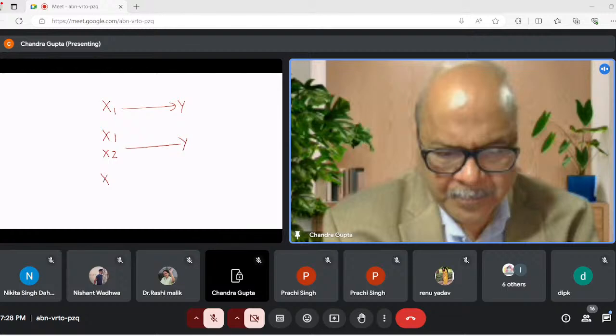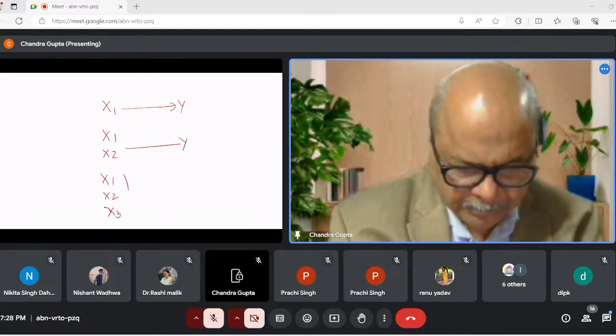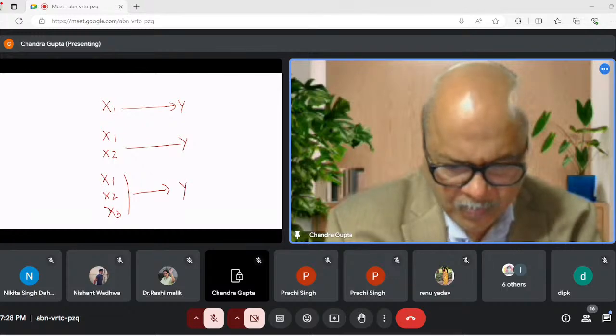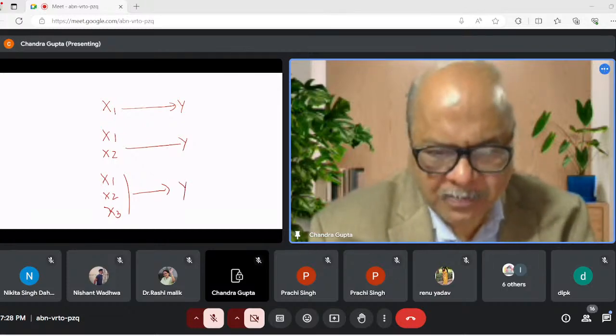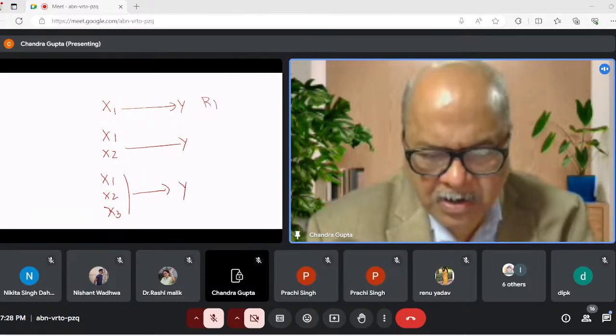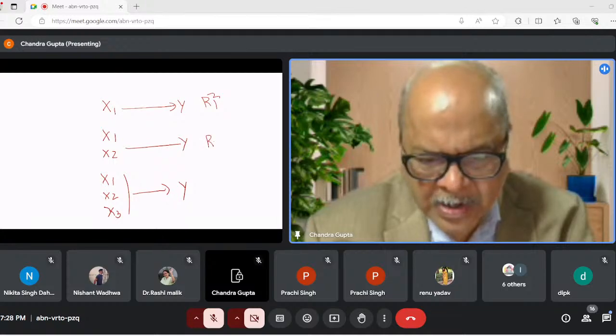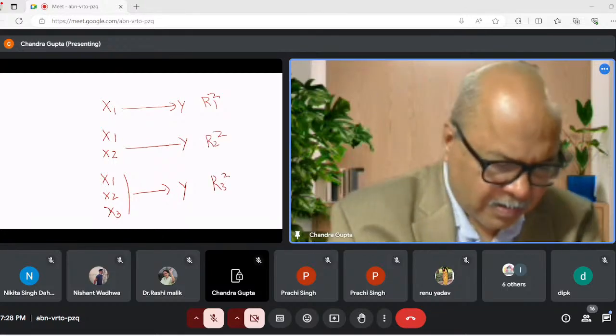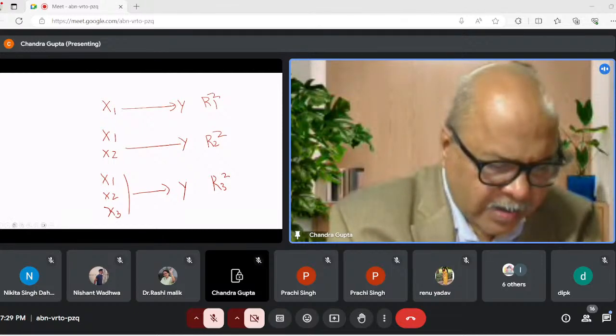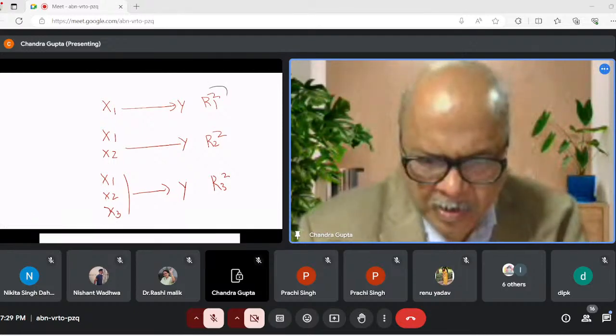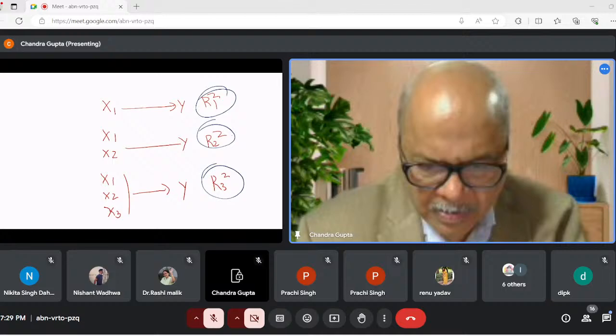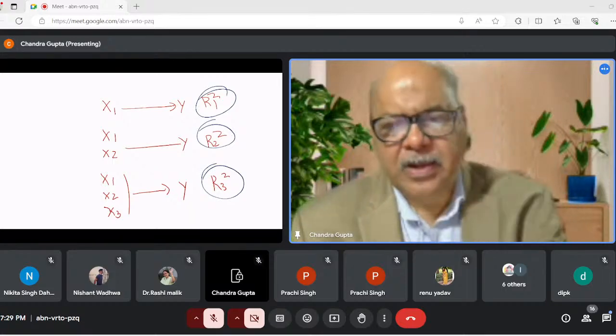We have three variables. What will happen to the value of R square? Let's call it R square 1, R square 2, R square 3. What will happen to the values of R square? Will it go on increasing or reducing?